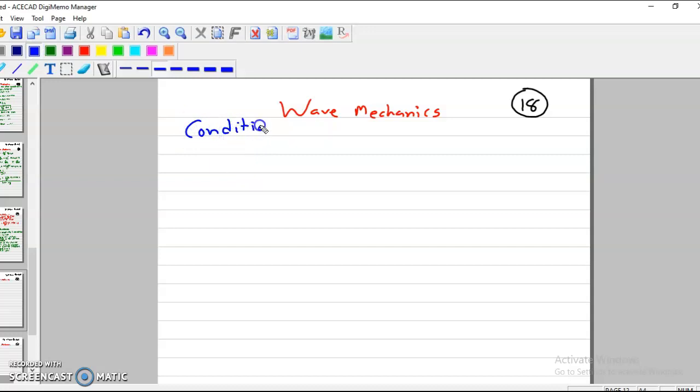So first of all, let us discuss conditions for acceptable solutions of psi.